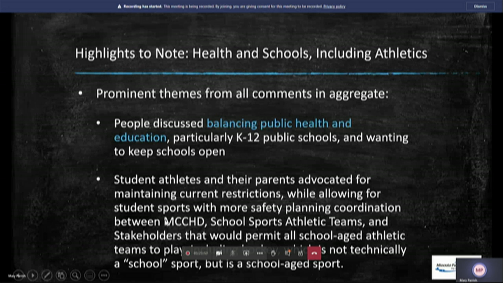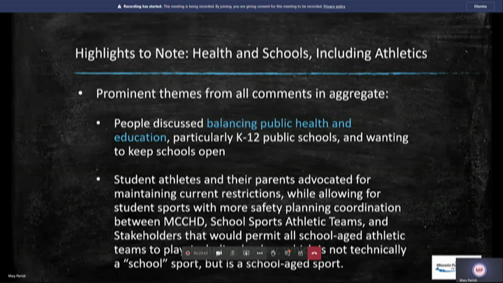And then finally, we had several messages from student athletes and their parents advocating for maintaining the current restrictions while allowing student sports to continue as usual, but having more safety planning and coordination between the health department, athletic teams, and the stakeholders.